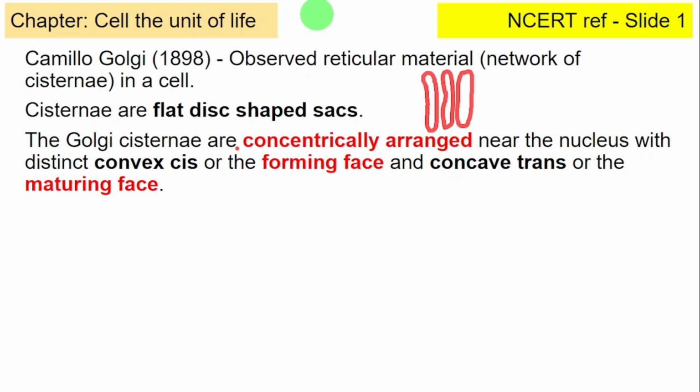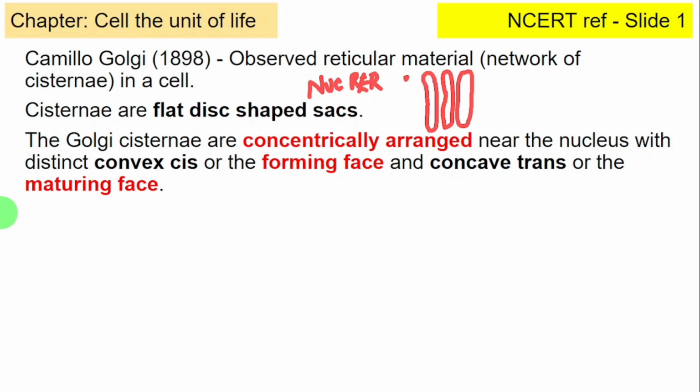The Golgi cisternae are concentrically arranged near the nucleus with a distinct convex cis or the forming phase and concave trans or maturing phase. So here is the nucleus, and then there is endoplasmic reticulum, RER.